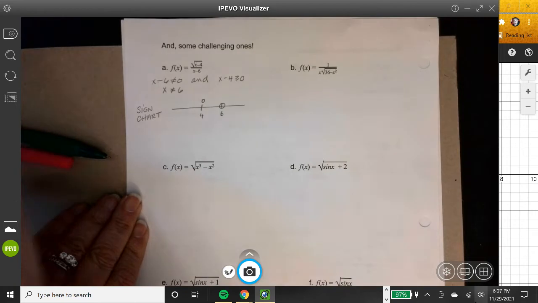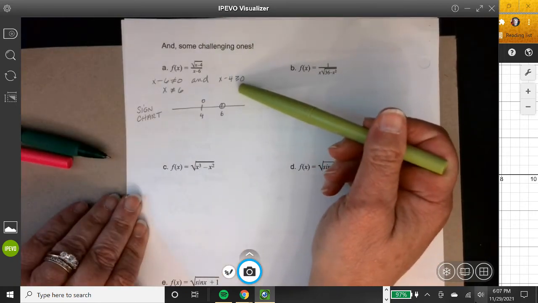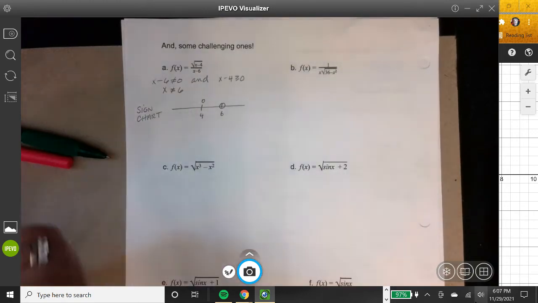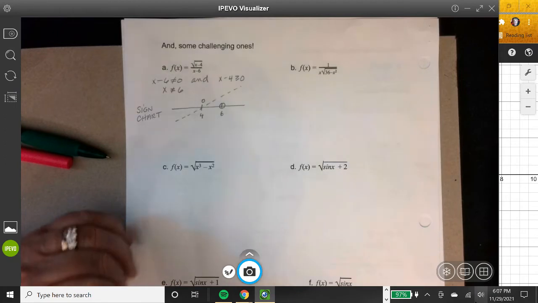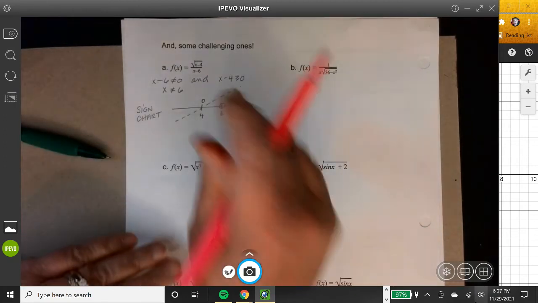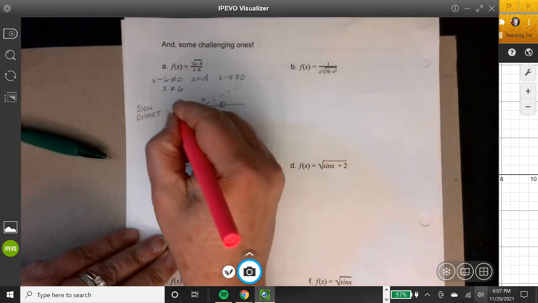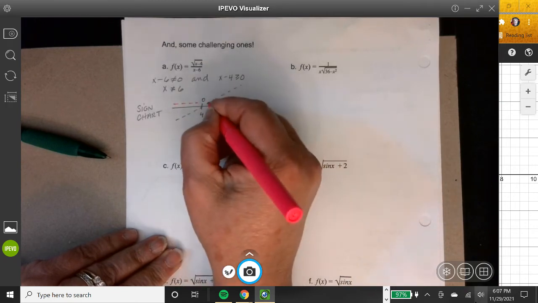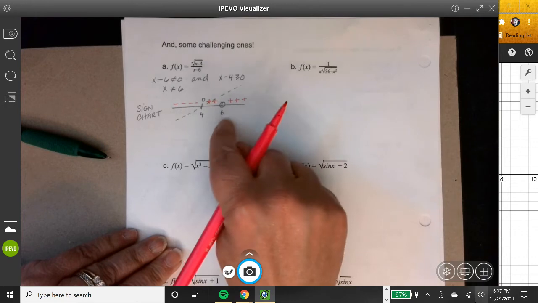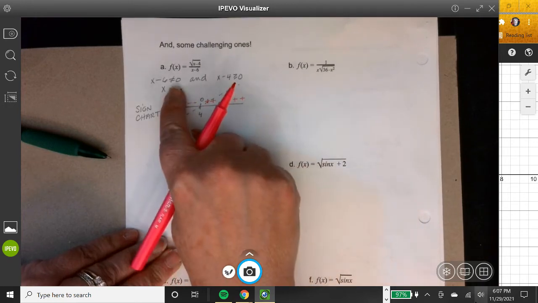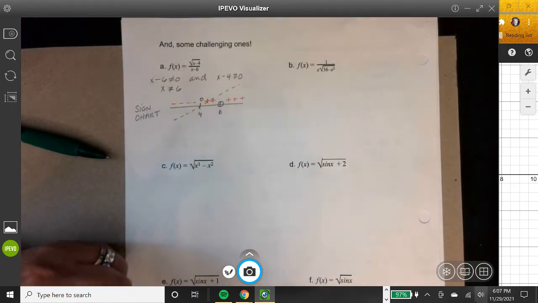And if I superimpose that graph, y equals x minus 4, that's a line with a positive slope. And if I were to do a sign chart, well, the negative parts of this line are going to be over here. And then the positive parts of that line are here. And I'm going to hop over 6 because I can't include 6 from the denominator's contribution to this domain.